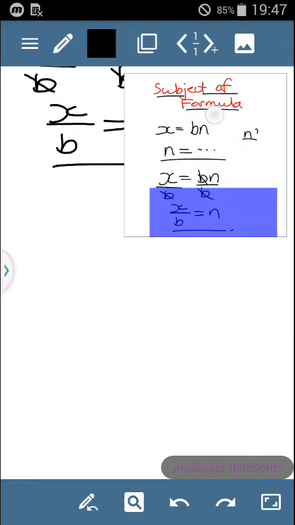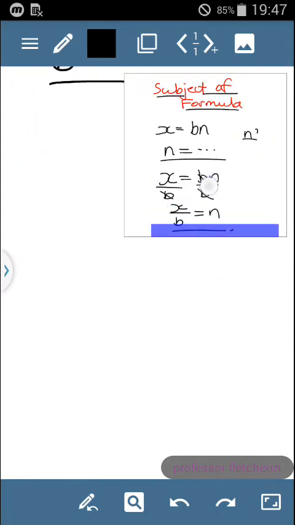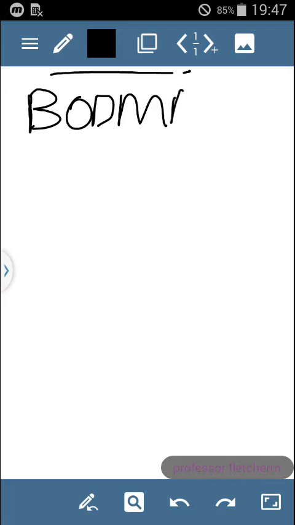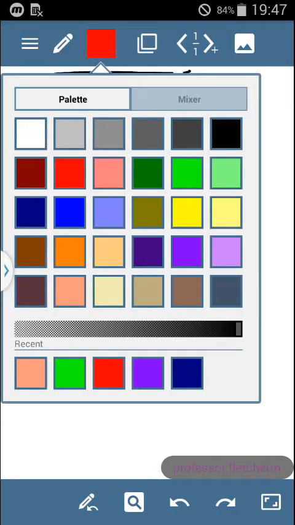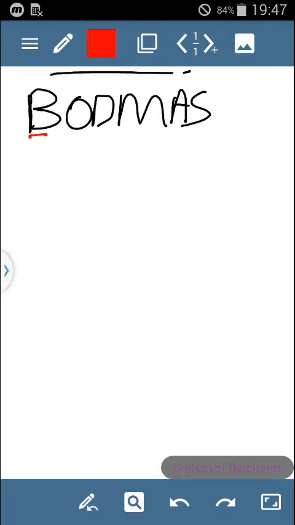But going a bit deeper, the standard that guides you is the one that we call BODMAS. You might have heard of this: brackets, of, division, multiplication, addition, and subtraction.